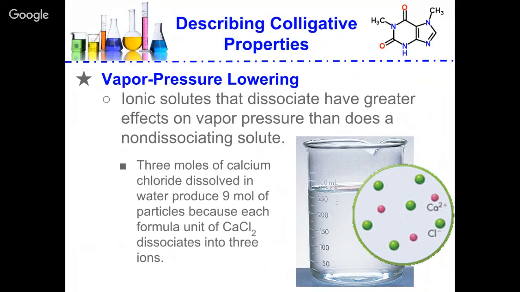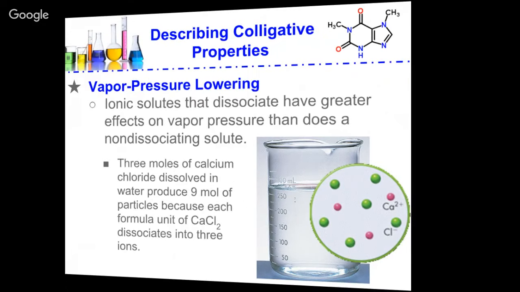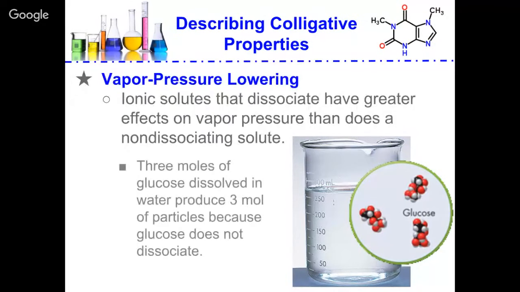So if you had 3 of them, you would have 9 particles in solution. And if you dissolve 3 moles of glucose, you would still have 3 particles in solution, because glucose does not separate into ions when it dissolves in water.